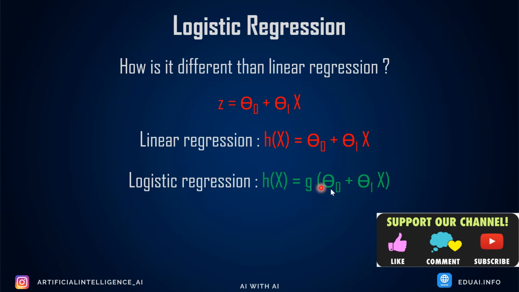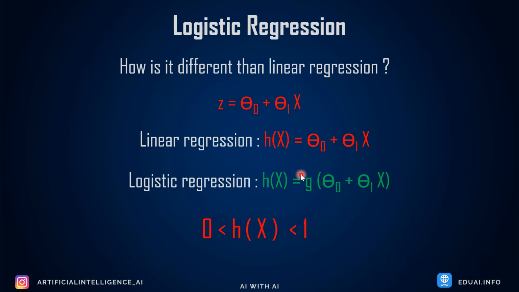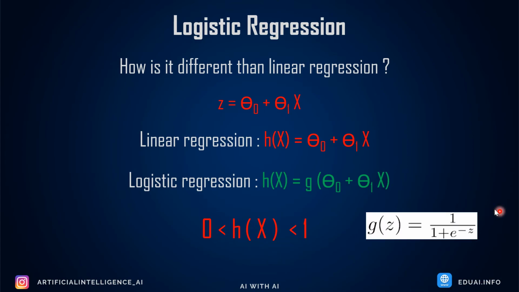G here is a sigmoid function, nothing different. And in return, this g, that is sigmoid function, gives us answer either 0 or 1, a range between 0 or 1. So can I represent it in this way? Something like this. So in short, we will always get the value of h of x between 0 and 1. How? By using this sigmoid function. This is the beauty of this equation. And that is all. This is how logistic regression works.